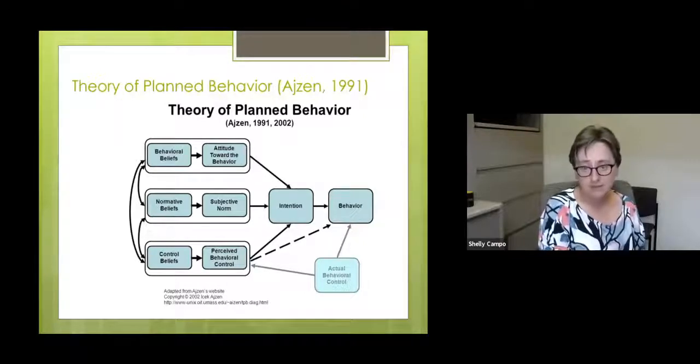But it's basically saying that attitudes toward the behavior, how other people in your lives that are important to you feel about something, and whether or not you believe you have the ability to do that will impact your intention to perform the behavior and then your actual behavior.